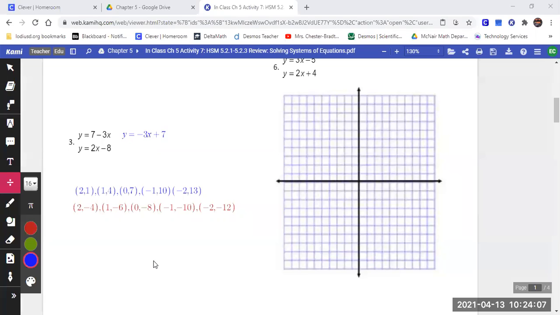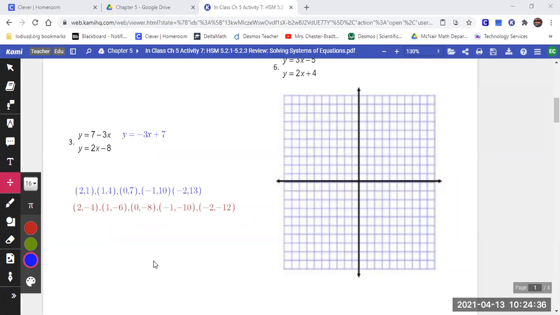So how far apart? 20. Did we get bigger or smaller in our apart? If I started at 25 apart and I'm now 20 apart, was that bigger or smaller? That was smaller. So that means as my x's are getting bigger, my lines are coming closer and closer together.